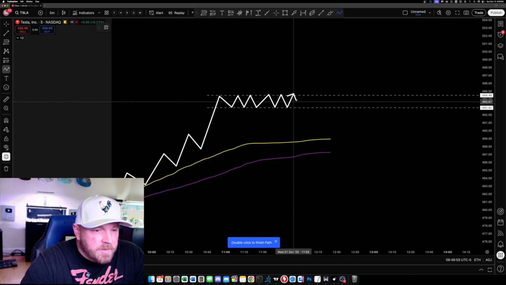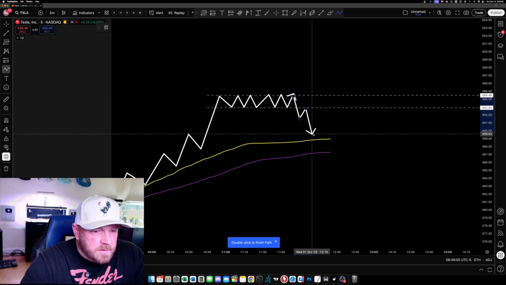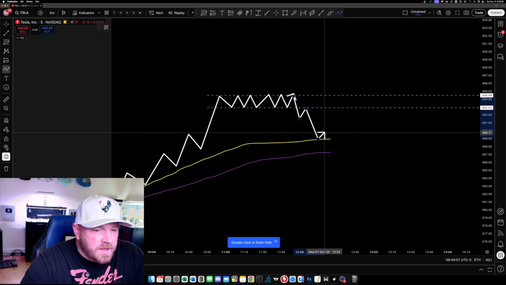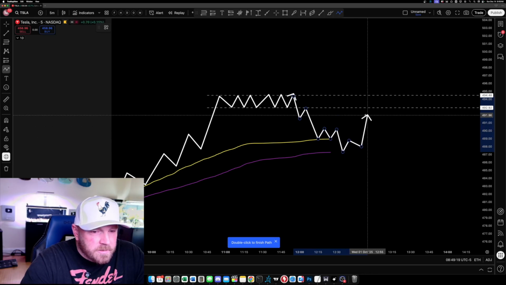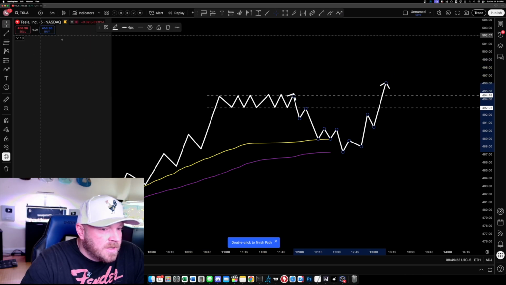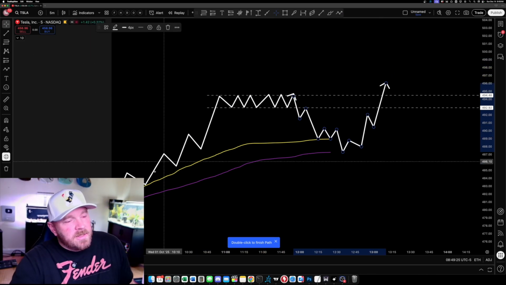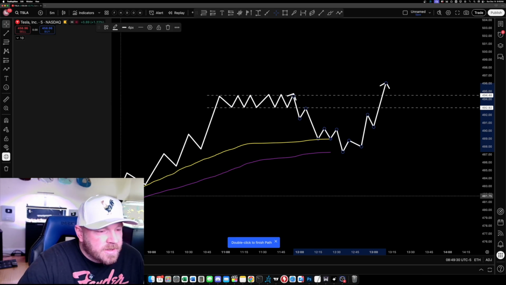So I could trade this to the upside and target a big area that's above it, or I could be looking for a move to the downside here where we break down and we either bounce off the 50 or maybe we go to VWAP. And then from there, price could continue. There are multiple trades in this kind of day, but on this kind of day, I'm looking to ride price on the way up.